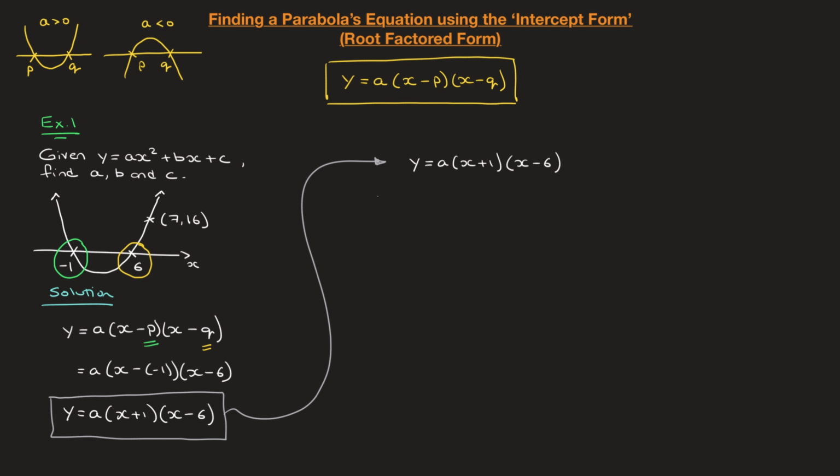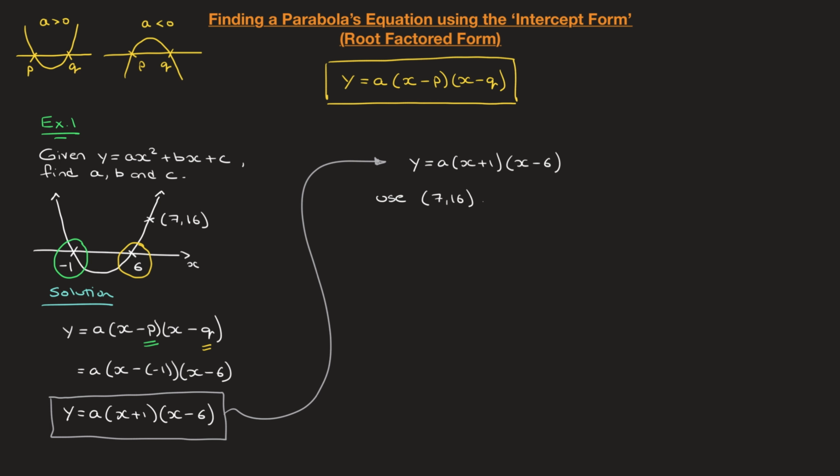Now I'll say that we'll use the point with coordinates 7, 16. The fact that this parabola passes through this point tells us that if we were to replace the x's we have inside this parabola's equation by 7, then the output we get, in other words the y-coordinate, has to be equal to 16.